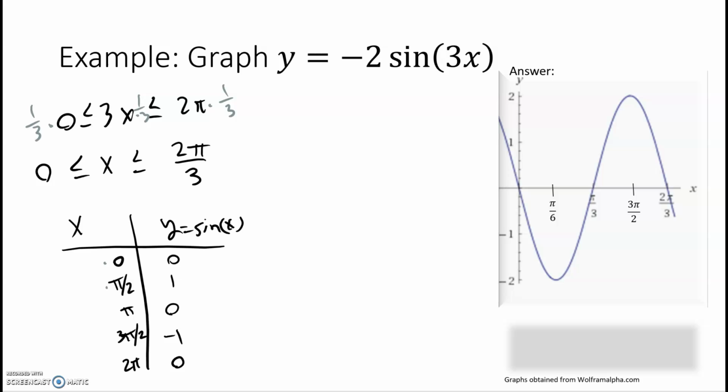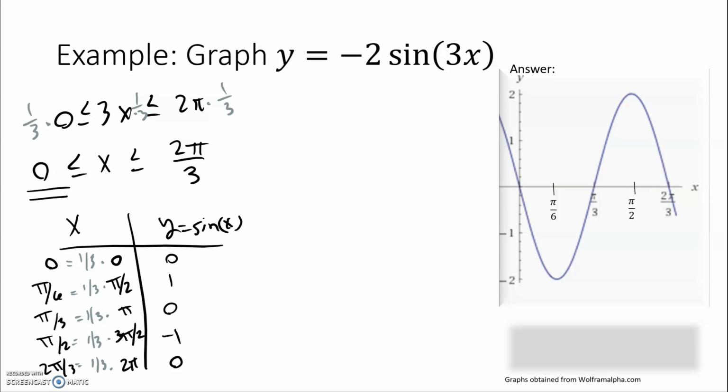For each one of my x values, I'm going to multiply them by 1/3 and then figure out what that equals. The first one would be 0, which is the same thing over here. This will be pi over 6, pi over 3, pi over 2, and we have 2 pi over 3.